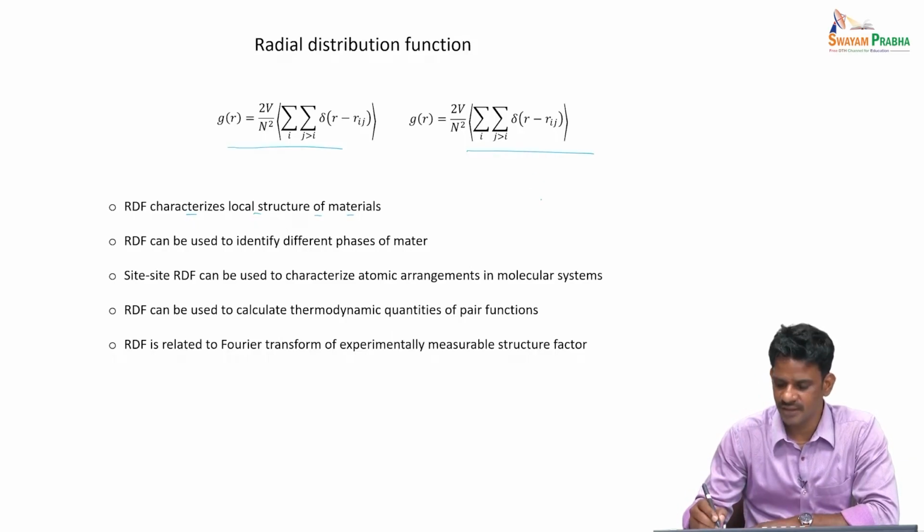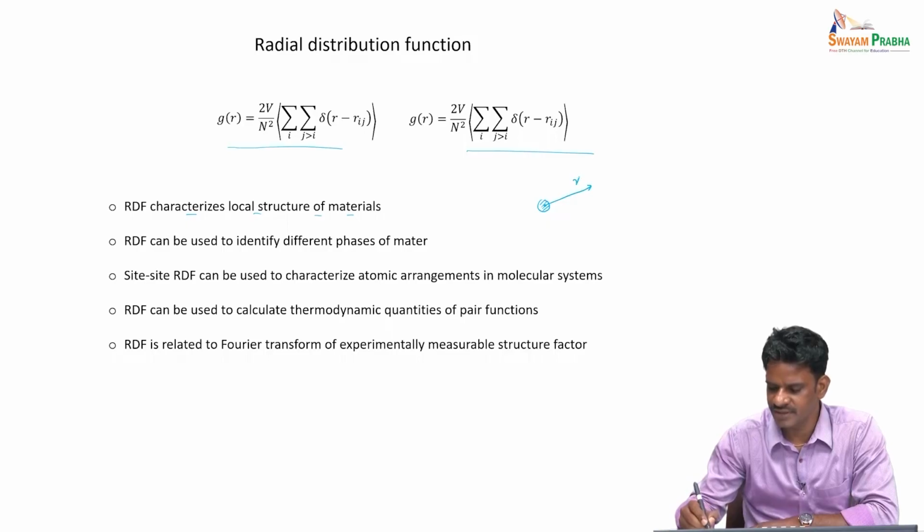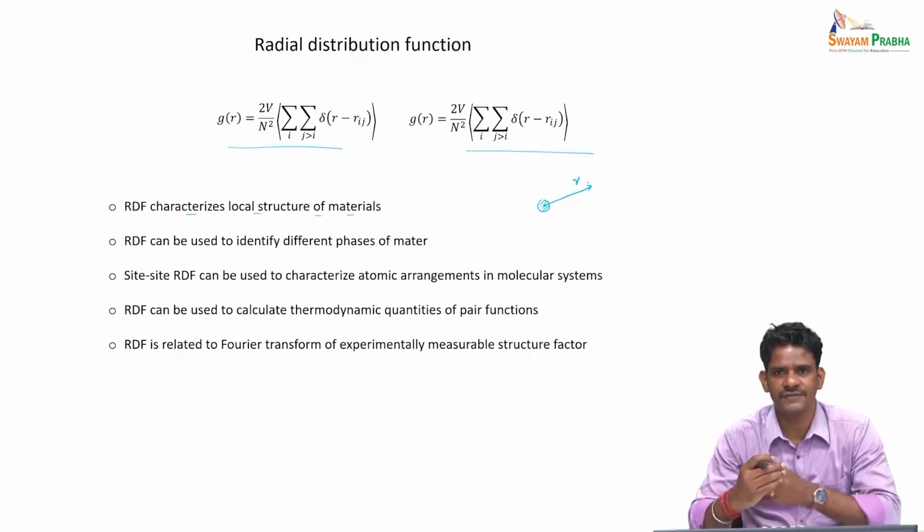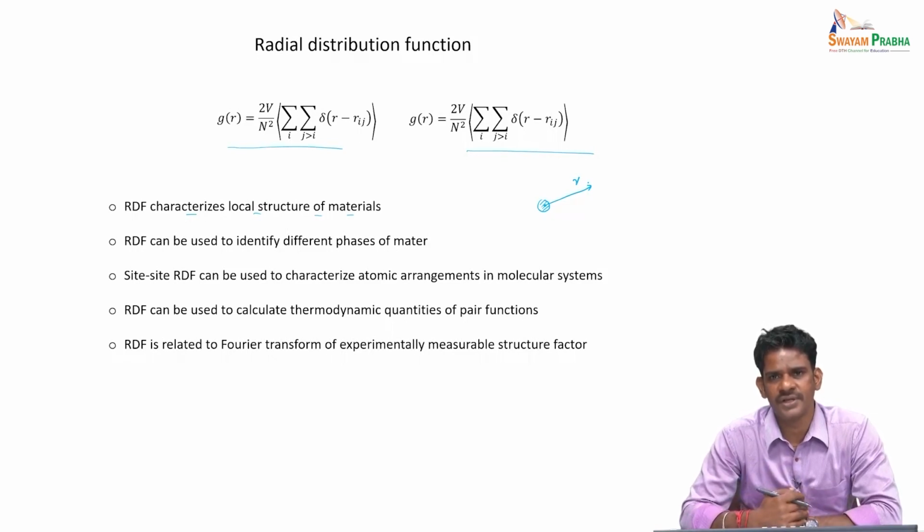In a material, if I tag a particular molecule and go radially outward to a particular distance r, g of r will tell me how many neighbors there are at a given distance. So it gives us information about the number of neighbors, the neighbor distance and the local structure of the entire material.